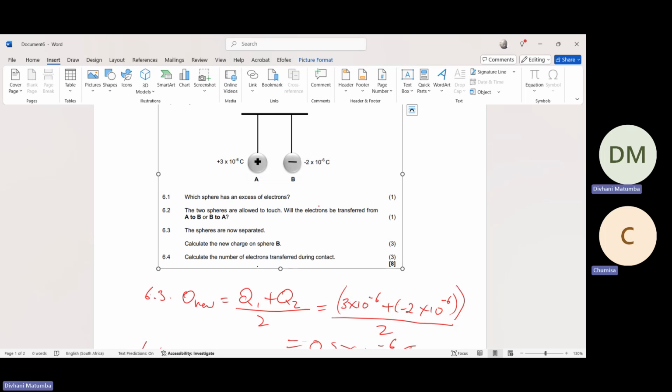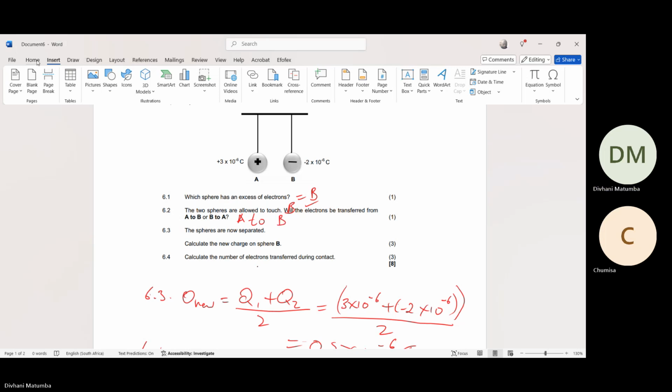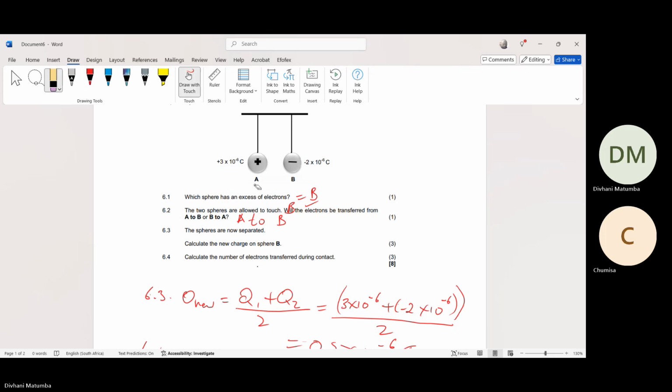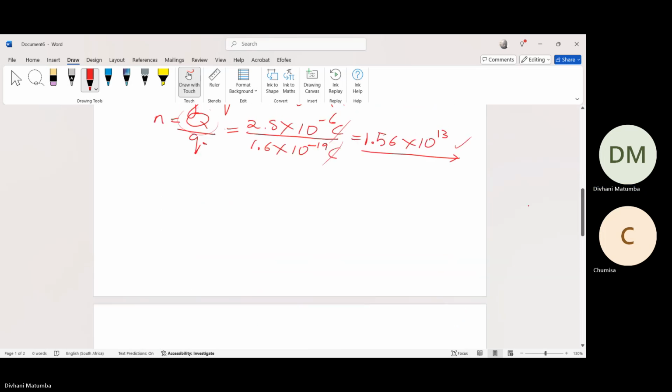And then after separation, what happens to the charges after separation? Kumis, after separation, what happens to the charges? I'm not sure, sir.